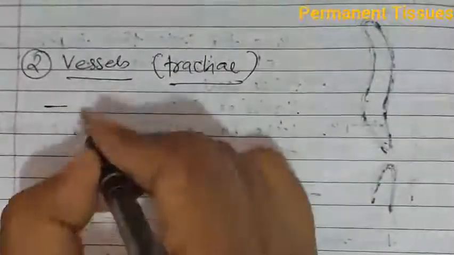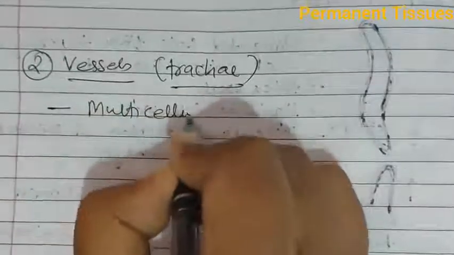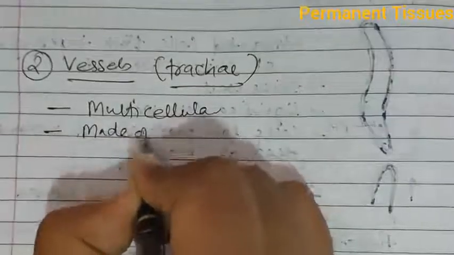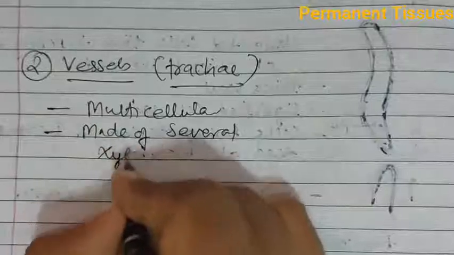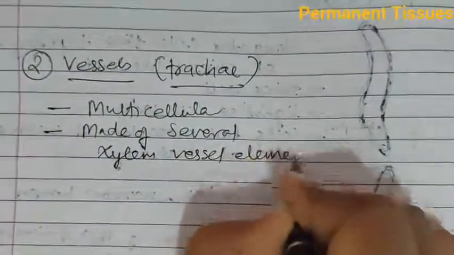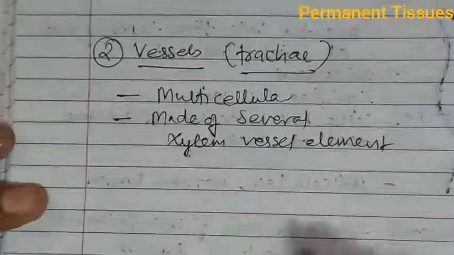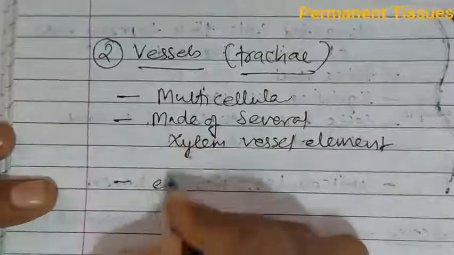Now these tracheae or vessels are multicellular. They are made of several xylem vessel elements.